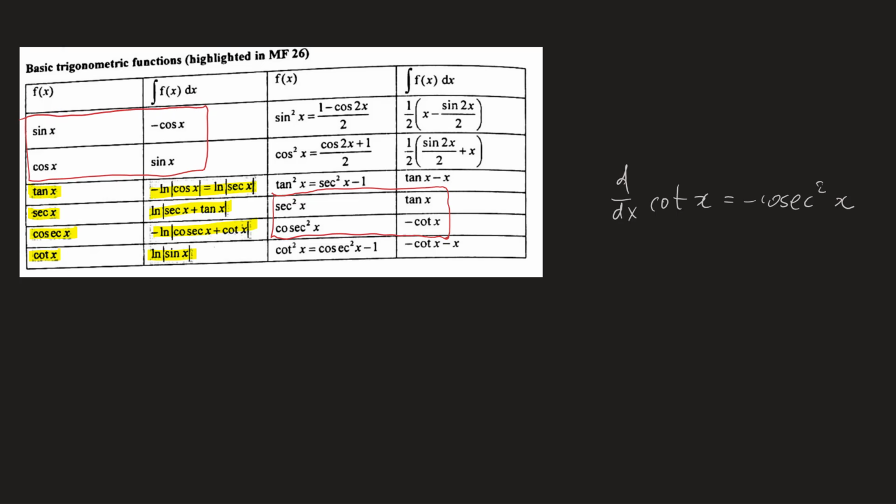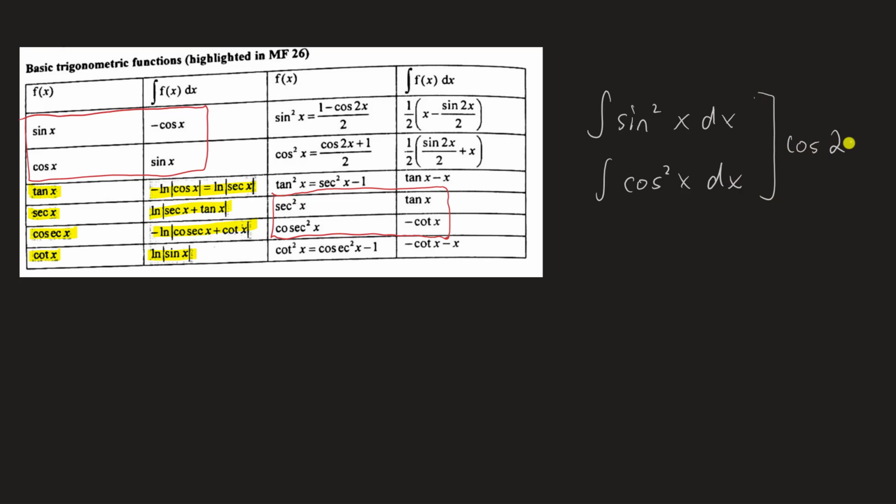Then let me talk about sine square and cosine square. Remember, every time you have to integrate sine square or cosine square, always think about cosine double angle. Use cosine double angle formulas. Meaning, use the cosine double angle that involves sine square x or cosine square x.